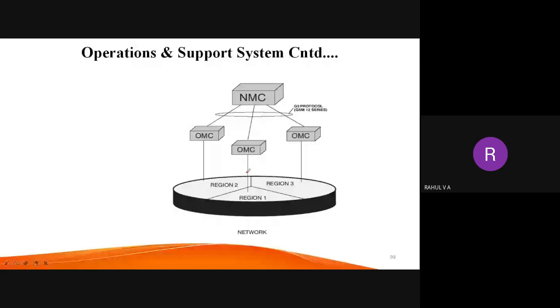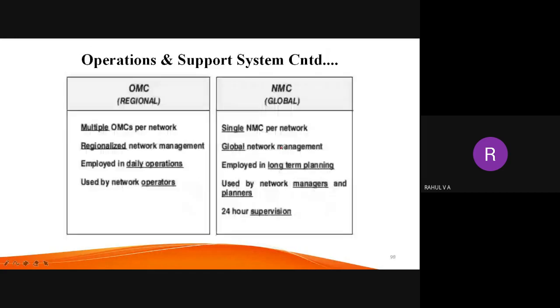So what is the difference between OMC and NMC? OMCs are actually for regions. In this particular region 1, there is an OMC, operations and maintenance center.